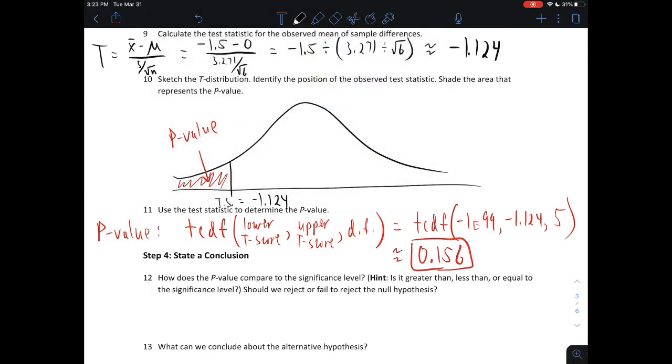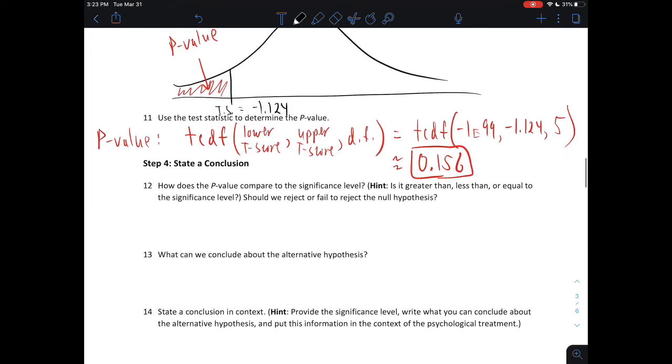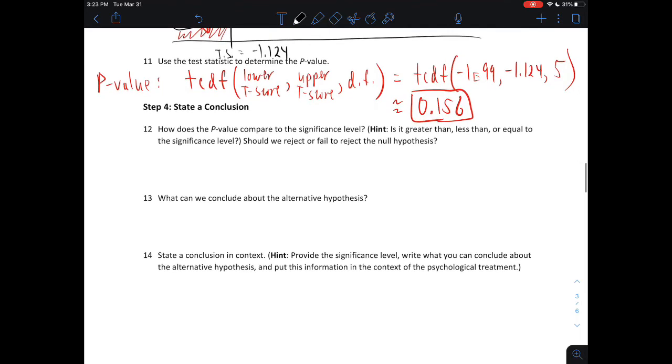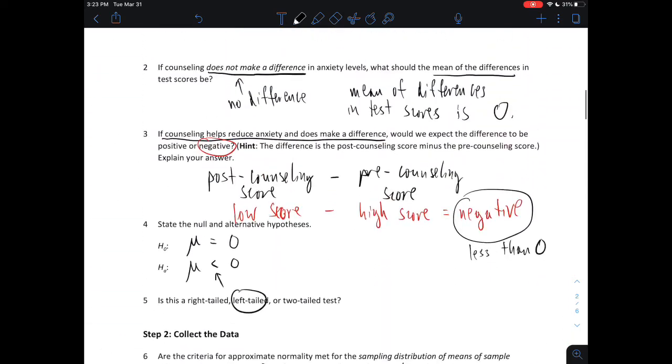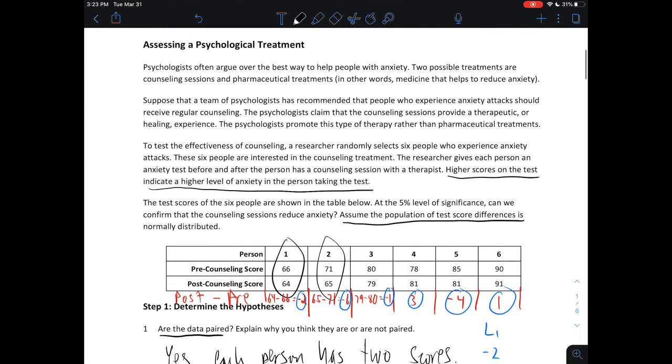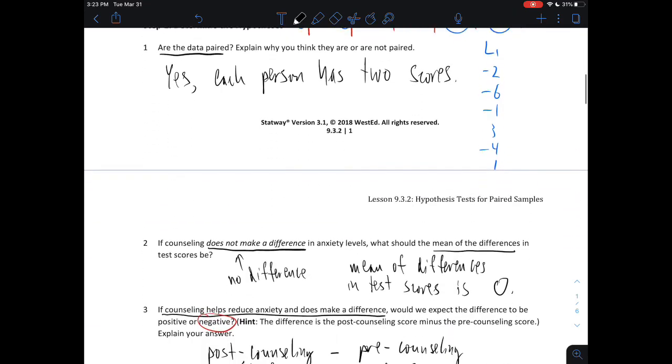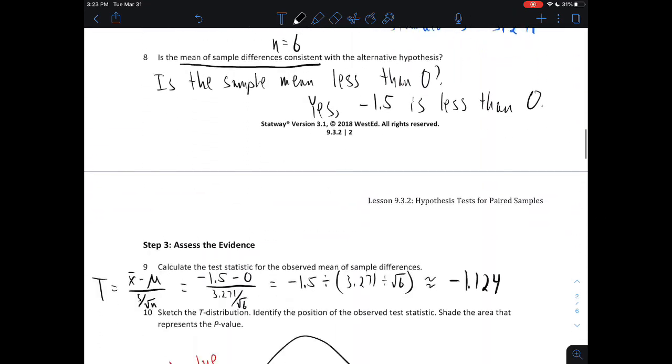So just like we saw in the previous lesson, now that we have our p-value, this is where we can start drawing conclusions. So first of all, number 12, how does the p-value compare to the significance level? Hint, is it greater than, less than, or equal to? So our significance level back at the beginning of this example, we were told that the significance level was 5%. So alpha is 5%, or 0.05.